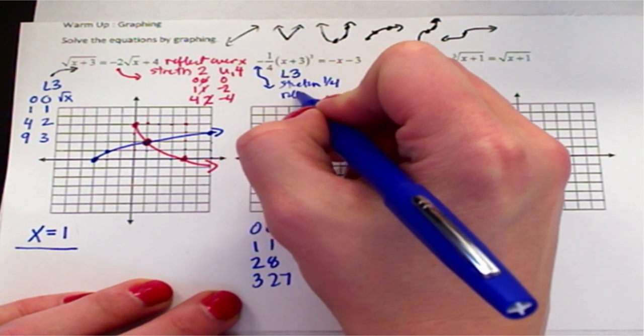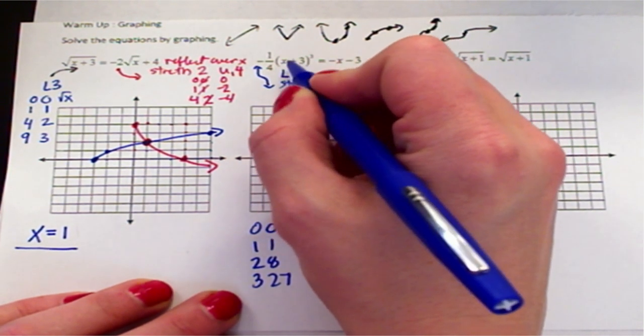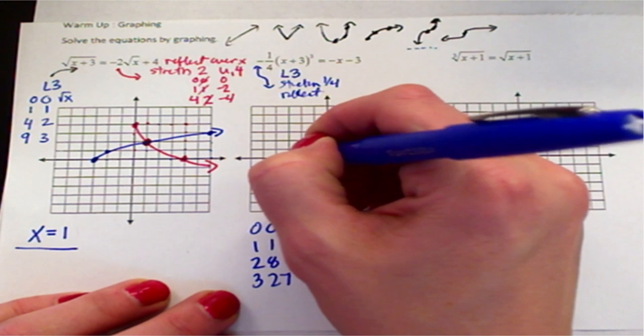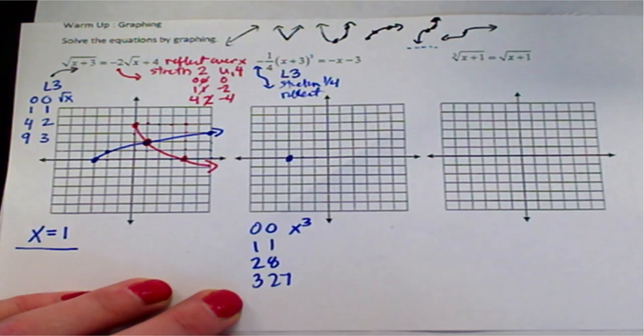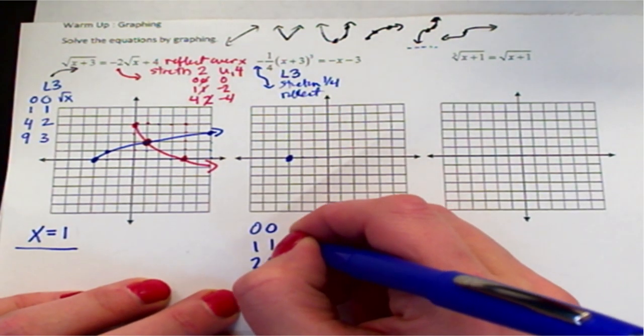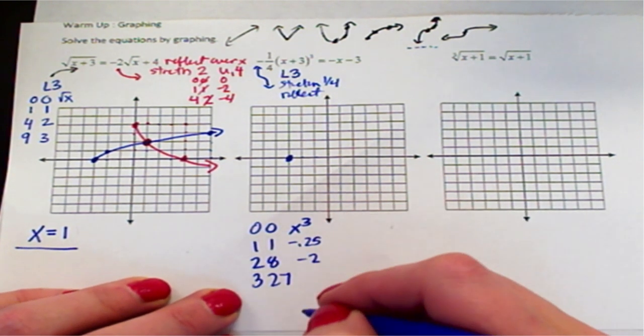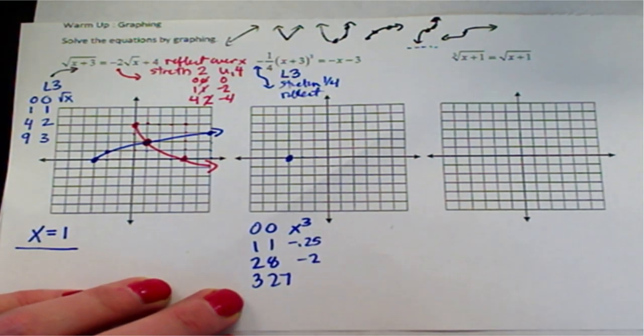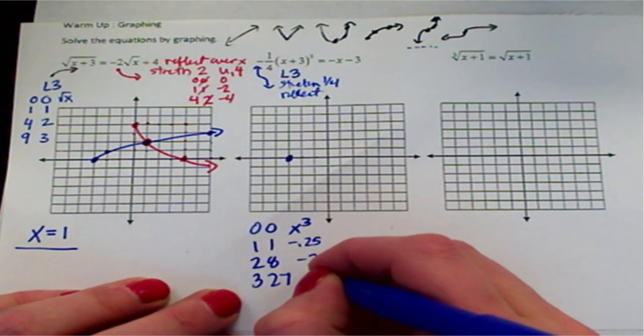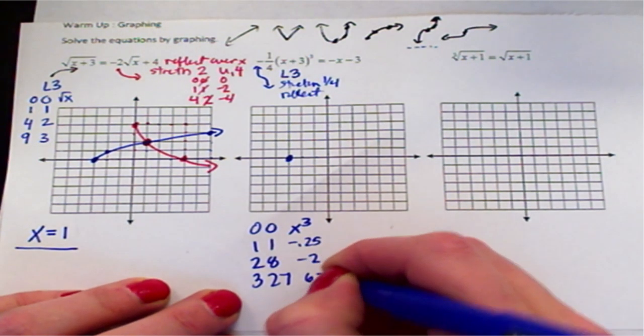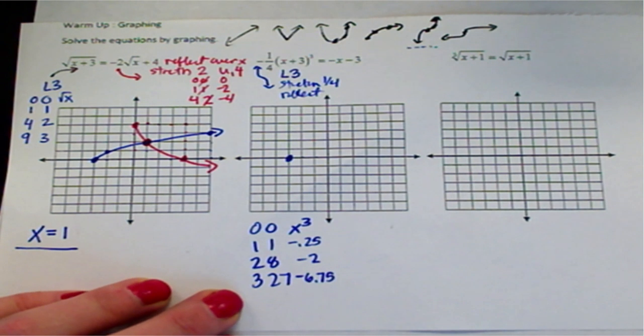It is reflected, and it is left 3. Okay, 1/4, so negative 0.25, negative 2. Let's see, 27 over 4 is a little less than 7. Okay, maybe it does fit on the graph, right?